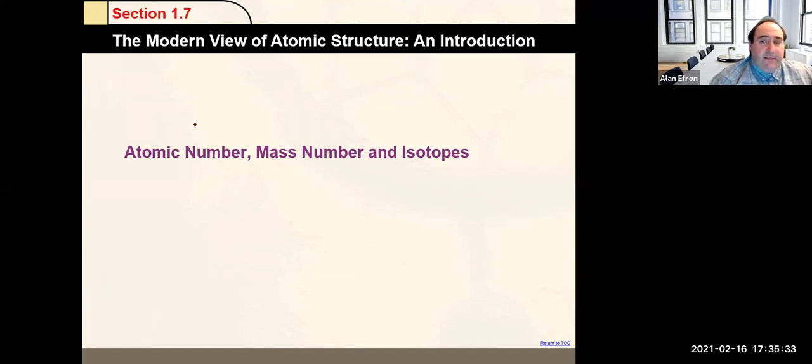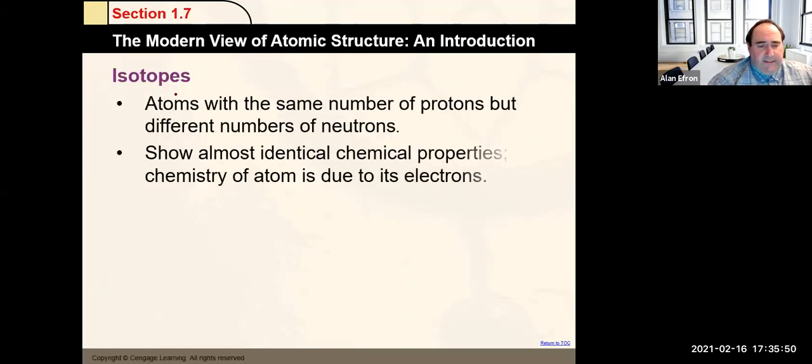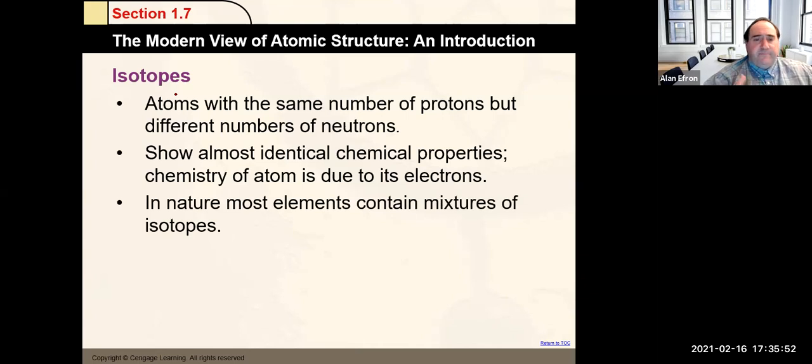So we're going to continue in chapter 1 and finish talking about some important aspects of atoms: the atomic number, the mass number, and what isotopes are. I think we'll start with isotopes. Isotopes are essentially the same element, but they have different masses.